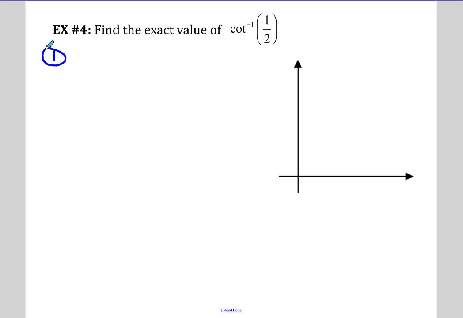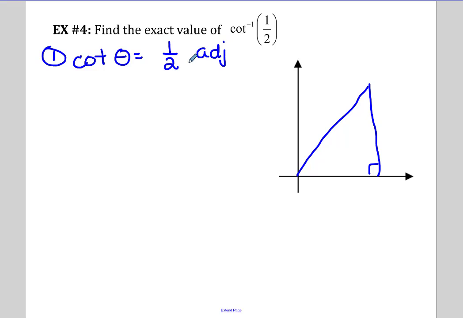If you want to turn off the video, you can try this on your own and then come back to follow my work. So I'm asking myself where the cotangent of an angle has the ratio of 1/2, and tangent is opposite to adjacent, so cotangent would be adjacent over opposite.